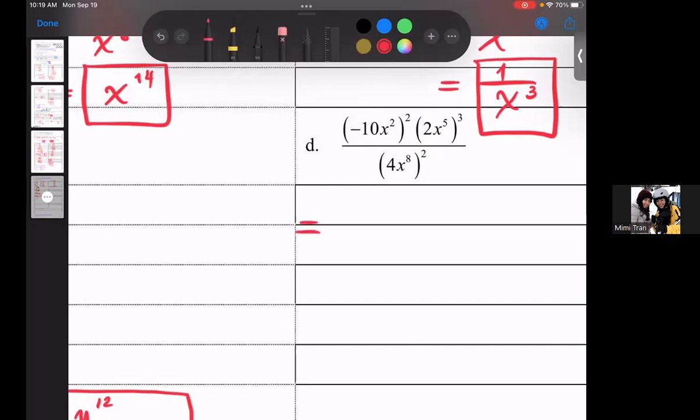So again, distribute the power. Negative 10 squared is 100, x squared is x to the 4, 2 cubed is 8, x to the 5th cubed is x to the 15, over 4 squared is 16, x to the 8th squared is x to the 16.